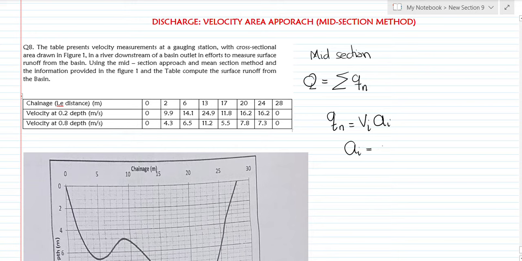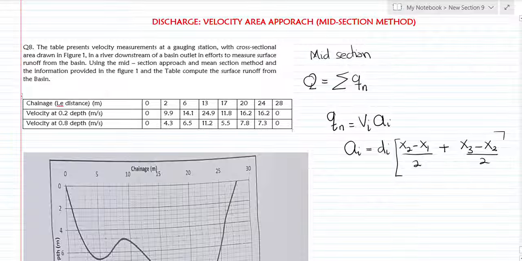The area is equal to the depth at that midsection multiplied by the midsection distance. In this case, we say x2 minus x1 over 2 plus x3 minus x2 over 2.